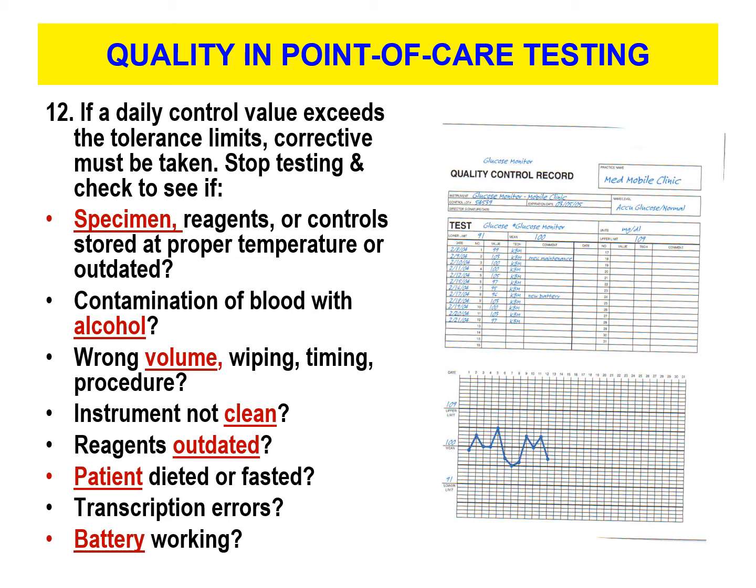If you don't wipe the excess blood off at the proper time, if the instrument's not cleaned, if the reagents are expired, if the patient dieted or fasted, okay? There can be transcription errors where you write something down wrong, or the batteries are going out. These are all just a few of the things that could be causing you not to get the appropriate results.